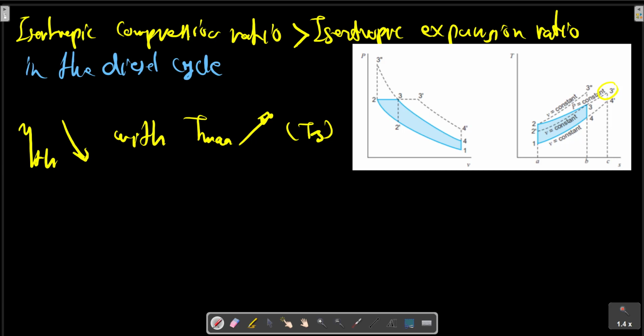A number of comparisons may be made between the Otto cycle and diesel cycle, but here we will note only two.